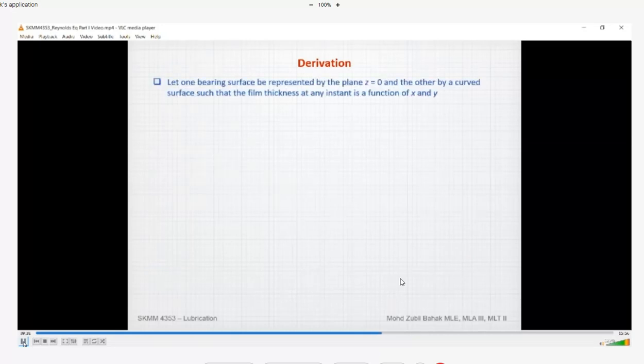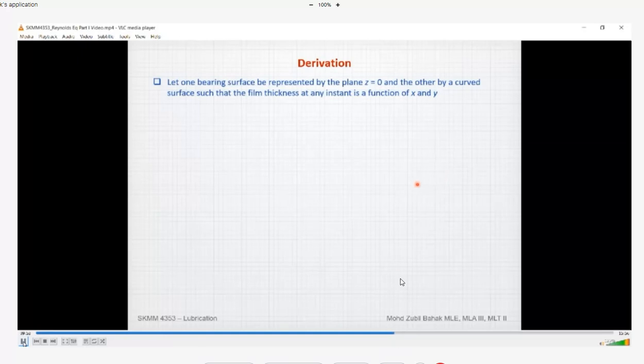Next, the derivation. We need to start with the definition. Let one bearing surface be represented by the plane z equal to 0, and the other by a curved surface such that the film thickness at any instant is a function of x and y.